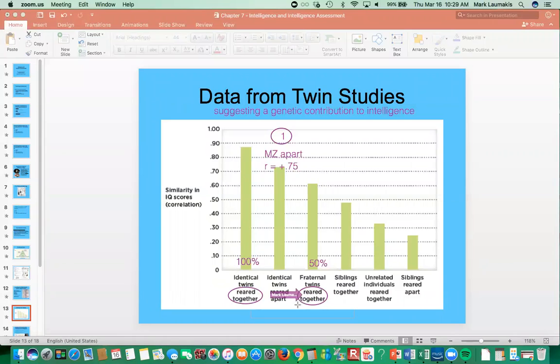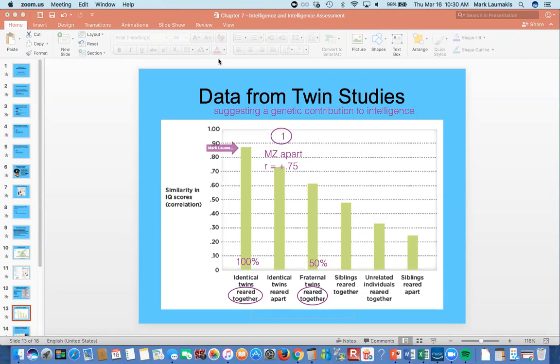So any difference that we get in the correlations for IQ scores between identical together versus fraternal together has to be attributable to what? They both are in situations where they're being reared together. So any difference between this and this is attributable to what? Genes or environment? It's genes, right?